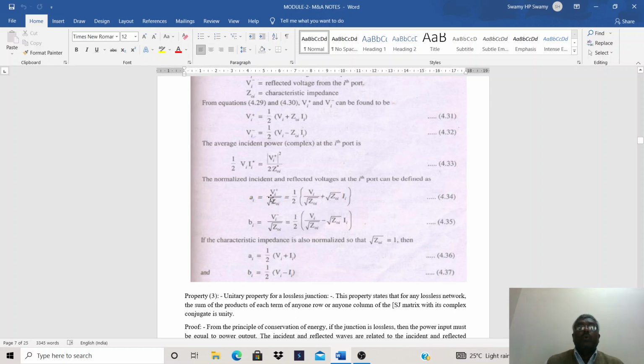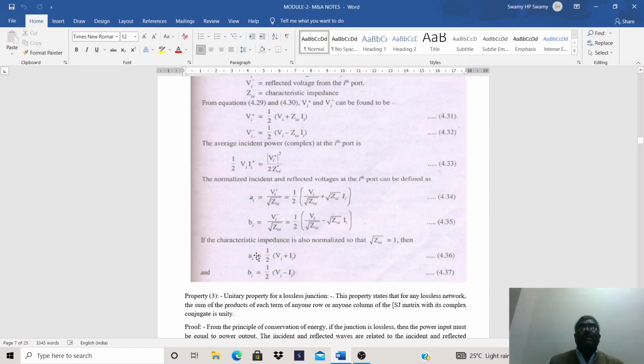ai = Vi+/sqrt(Z0i) = 1/2 (Vi/sqrt(Z0i) + sqrt(Z0i) Ii). Similarly, bi = Vi-/sqrt(Z0i) = 1/2 (Vi/sqrt(Z0i) - sqrt(Z0i) Ii).